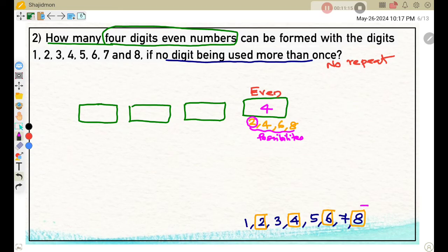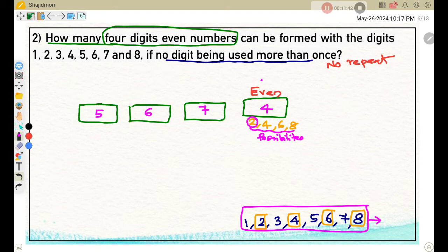So how many numbers are remaining? Totally we have 8 numbers. Now one number we are writing in the last even-number position. For example, if you write 2, how many numbers are remaining? There are 7 numbers remaining. So those 7 numbers we can write in the digit before. Repetition is not allowed. So for the next digit, how many numbers can we write? 6 numbers. And for the next digit? 5 numbers, because repetition is not allowed.